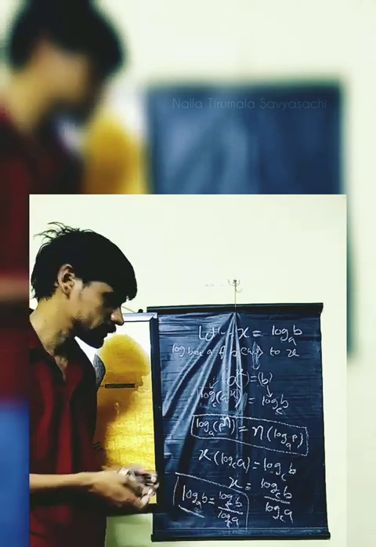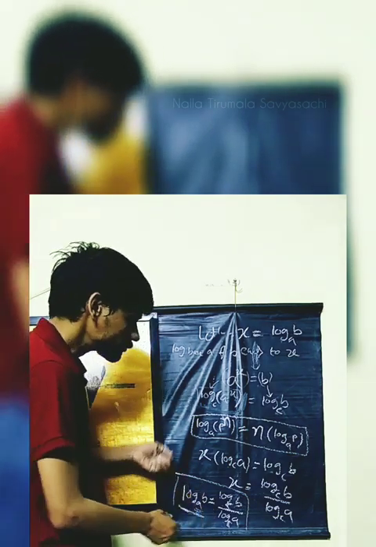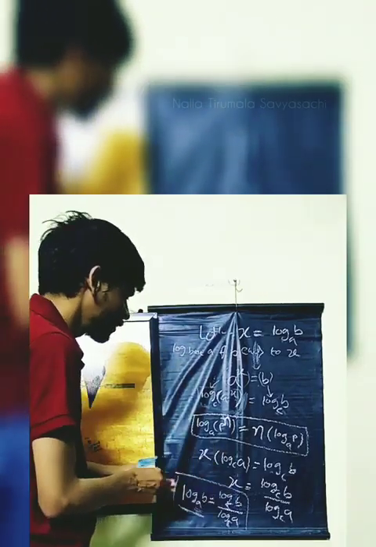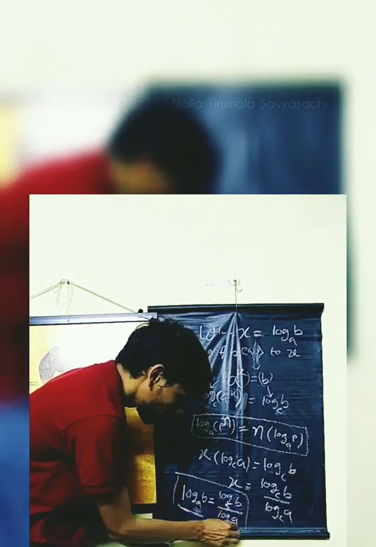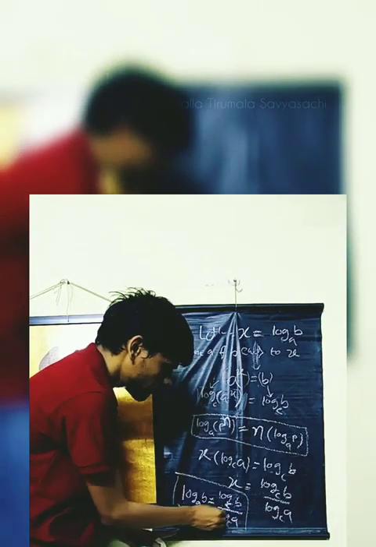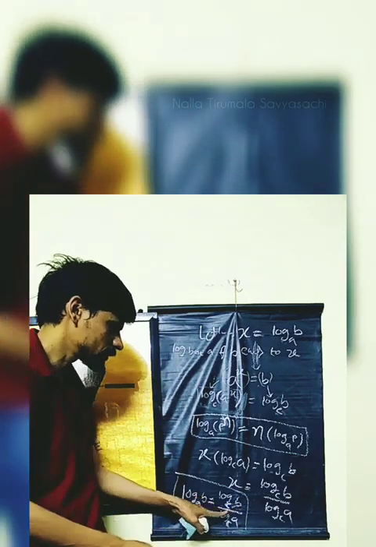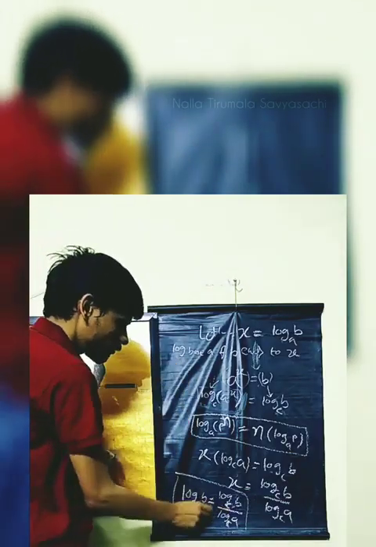Now here is one interesting point. In log c b by log c a, what will happen if b equals c? If the b value and the c value become the same, what will the formula be?